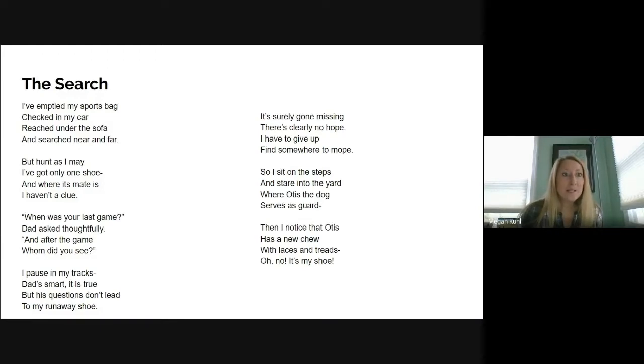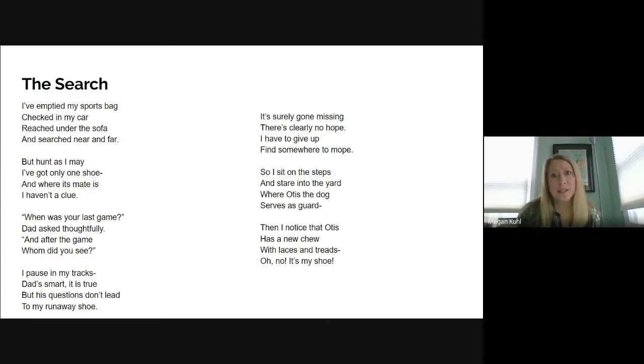I emptied my sports bag, checked in my car, reached under the sofa, and searched near and far. But hunt as I may, I've got only one shoe, and where its mate is, I haven't a clue. When was your last game? Dad asked thoughtfully. And after the game, whom did you see? I pause in my tracks. Dad's smart, it is true, but his questions don't lead to my runaway shoe.